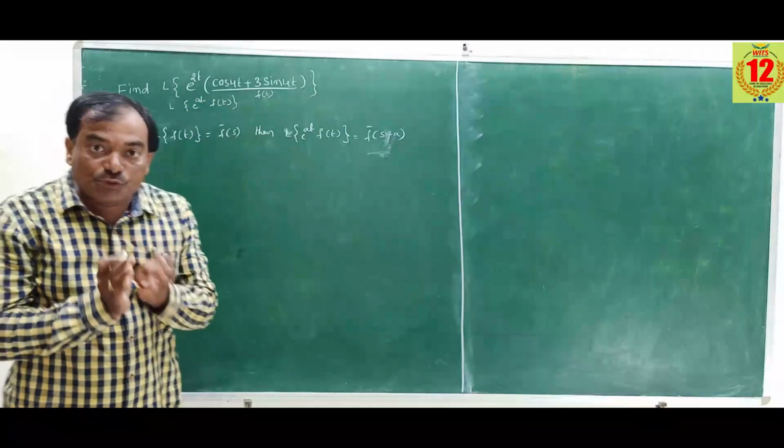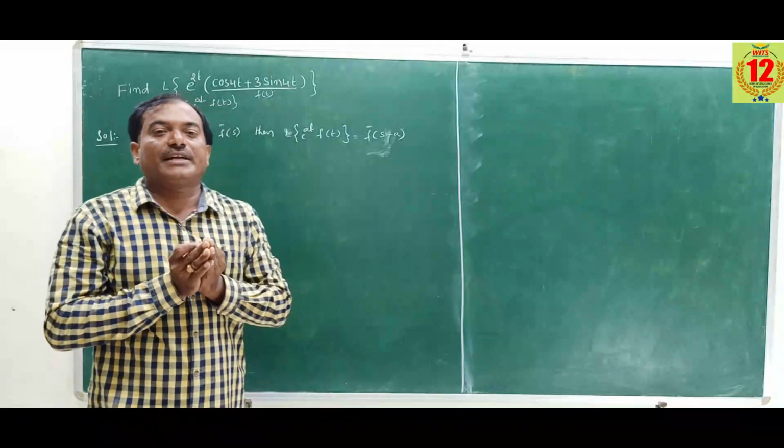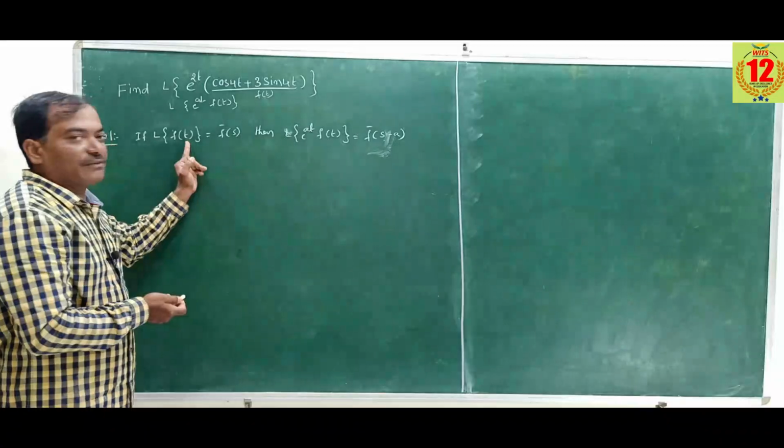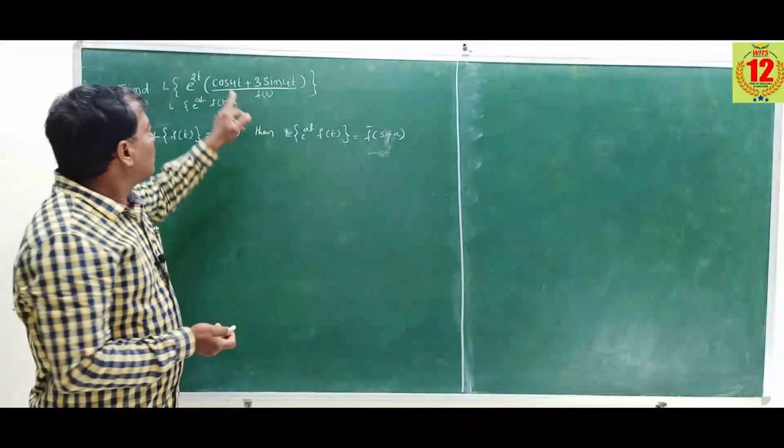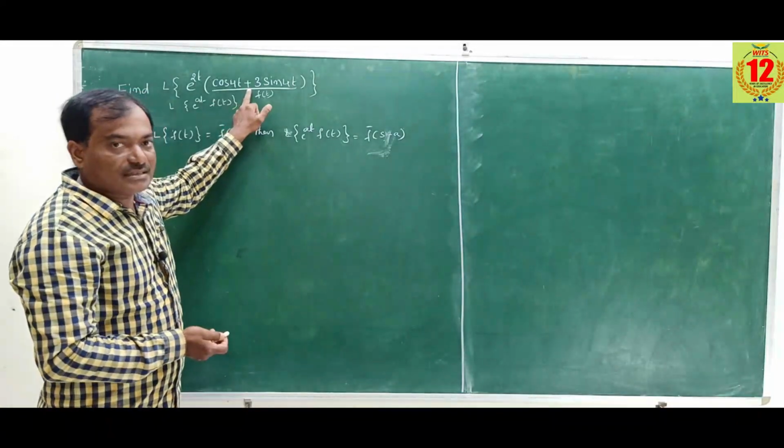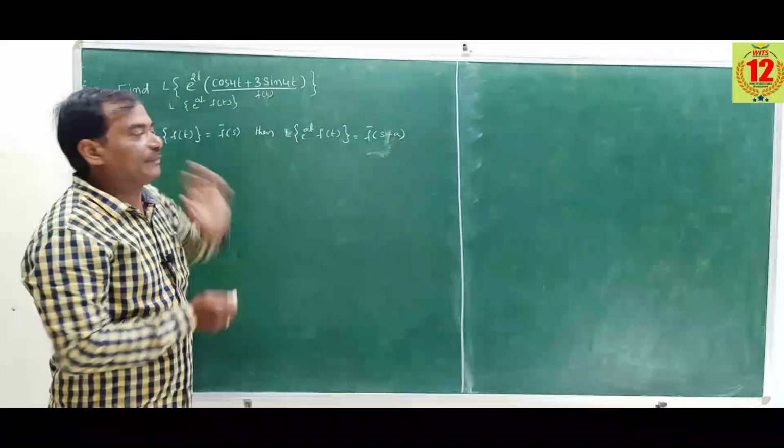In order to solve this problem, first we have to find the Laplace transform of f of t. What is f of t here? Cos 4t plus 3 sin 4t.